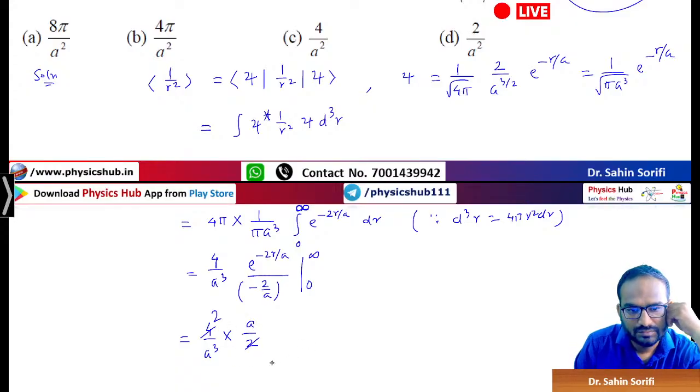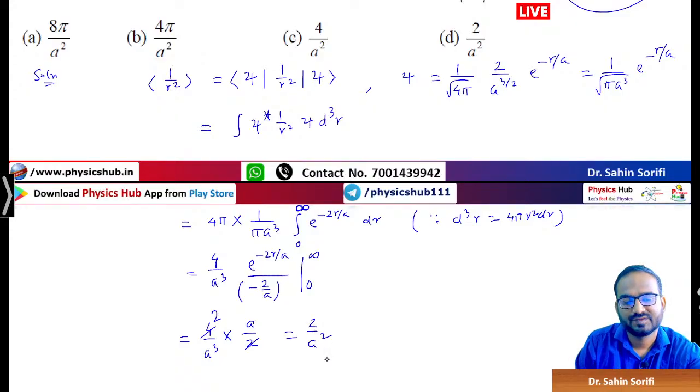So it is 2 by a square actually. Is there any option? Yes, option D.